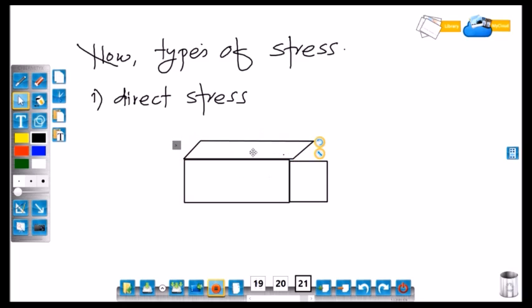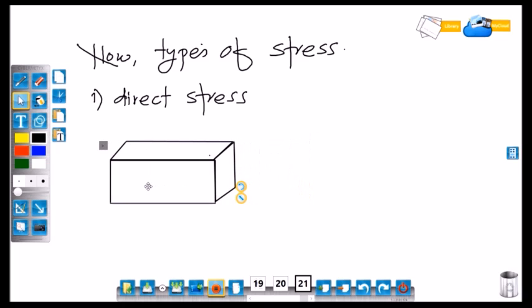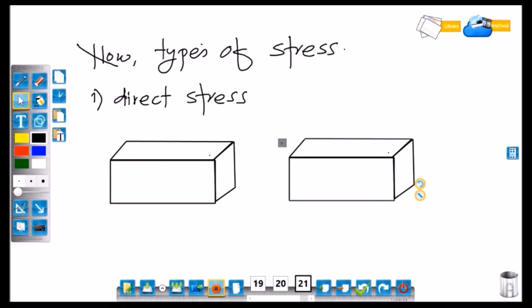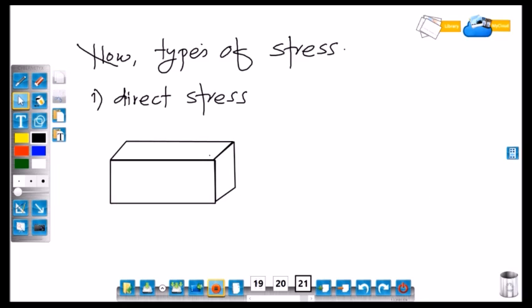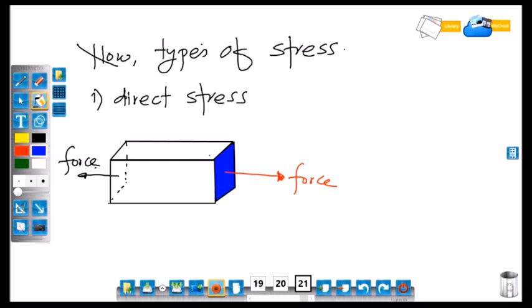This is a body, and the force is acting along the axis of the body, and this is the shaded area on which the force is acting.